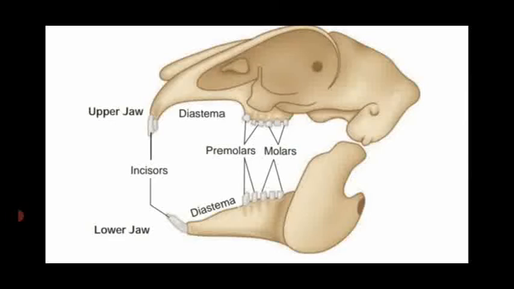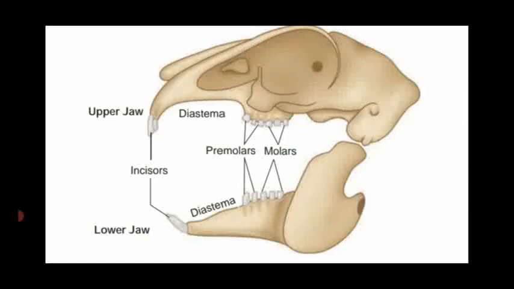Dear students, see one more region that is called diastema. What is diastema? It's a book back question. Before that, we already learned that the rabbit mouth region consists of 4 types of teeth: incisor, canine, premolar and molar, isn't it?